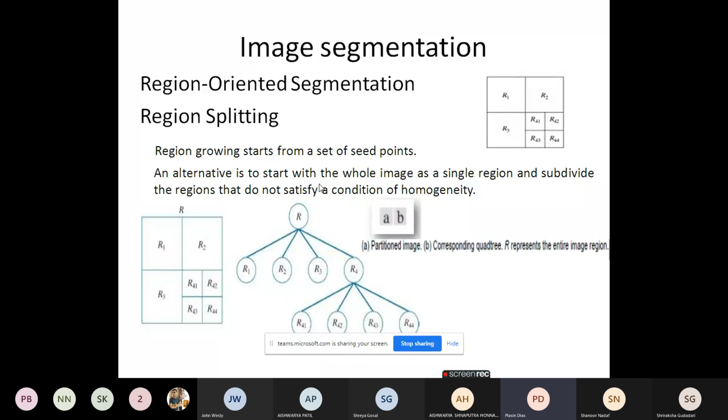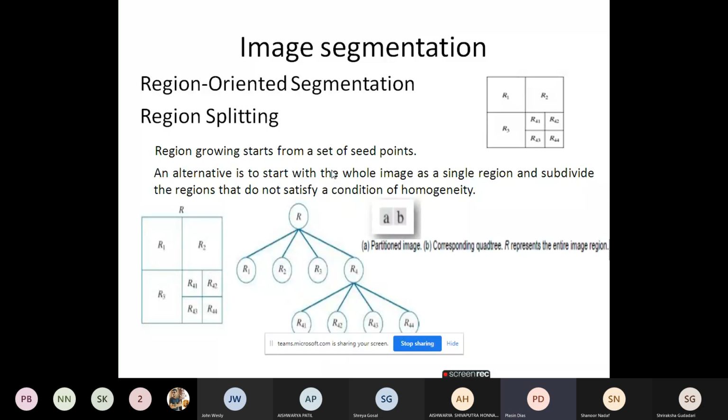We cannot expect that every time in an image the homogeneity aspect will hold everywhere. In a situation wherein it is not satisfying the condition of homogeneity, we have to go for some other things. That's why region splitting helps us to subdivide the image into different regions.